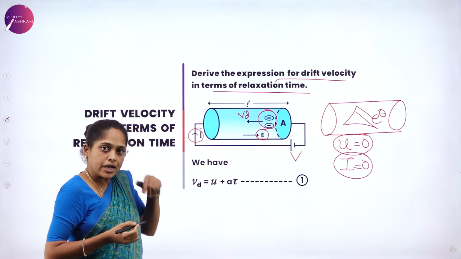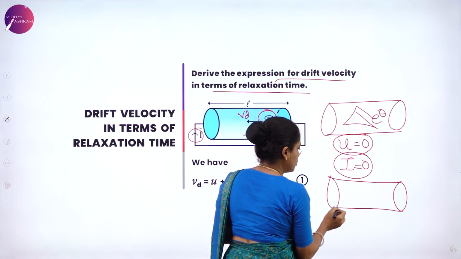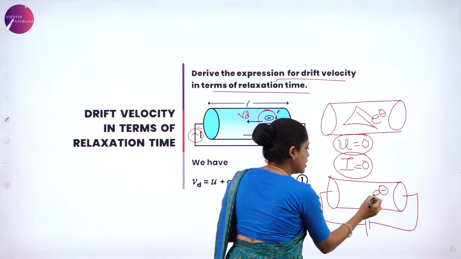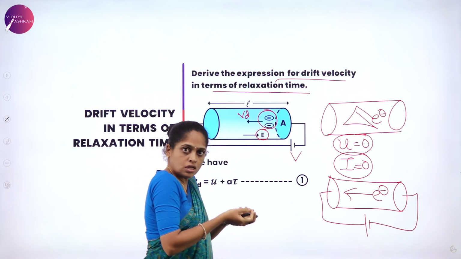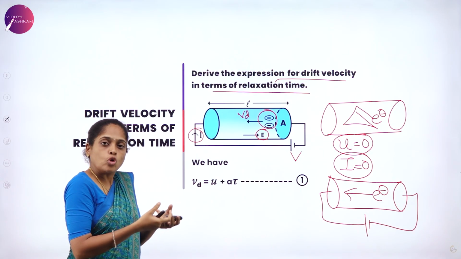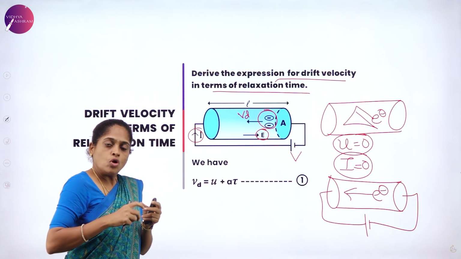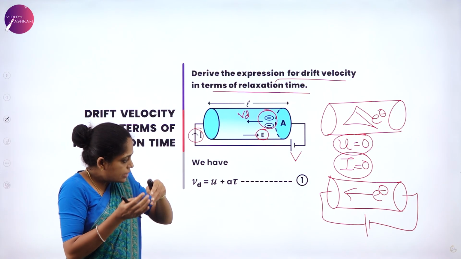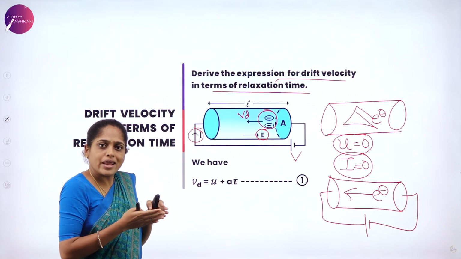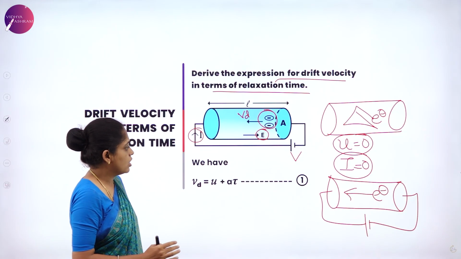And when this conductor is connected to the battery, electrons accelerate towards one direction. They all start to move towards one direction and they continue in a zigzag path. In the same zigzag path, they move towards one direction, that is, the positive terminal of the battery.